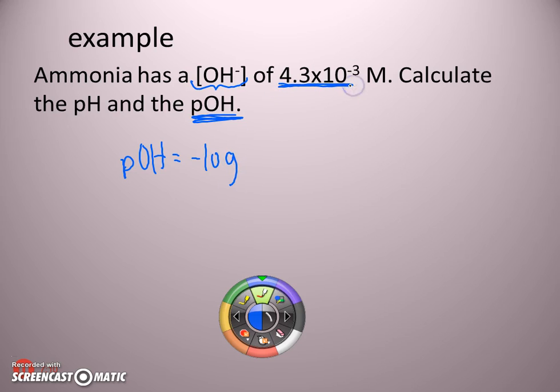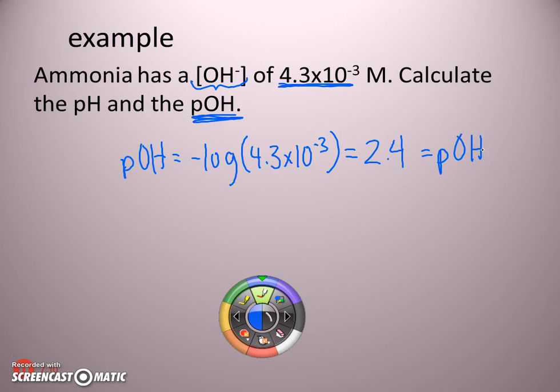In this case, it's 4.3 times 10 to the negative third. Negative log 4.3, use your EE key, negative 3, and we're going to get 2.4 is our pOH.